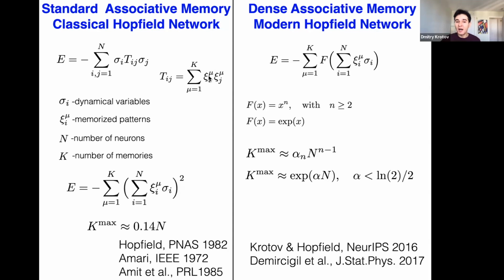As in the previous slide, the upper index in this xi represents the identity of the memory. For example, mu equals 1 corresponds to the bird from the previous slide, mu equals 2 corresponds to the boat, etc. There's also this vector index i that runs from 1 to N that enumerates neurons, or projections of the memories into the embedding space. Essentially, what one needs to do in order to compute the energy landscape is to compute the matrix of outer products between all the memories and sum those outer products across all the memories that are given to us.